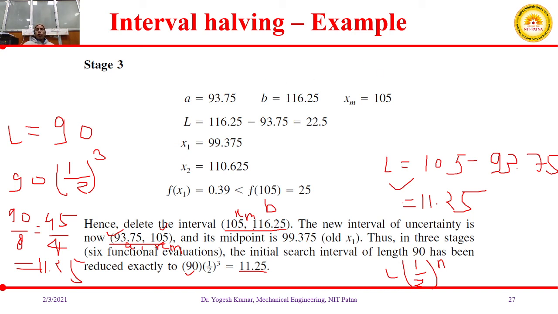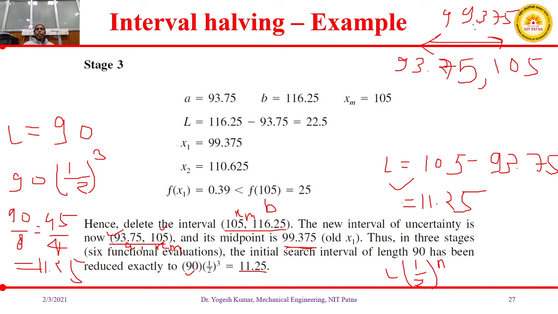So now your new search interval is 93.75 to 105. If you calculate the mean of this, the midpoint will be 99.375.